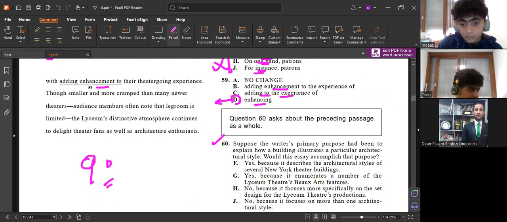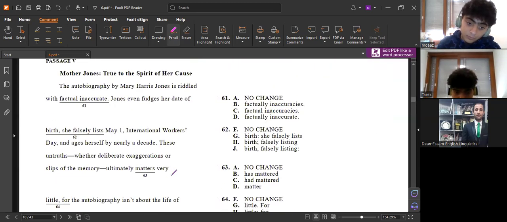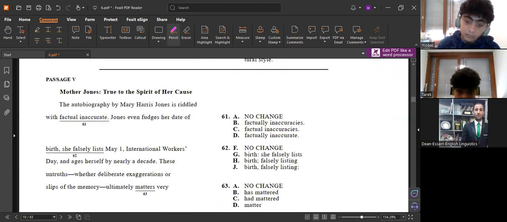Again, come on, Muaz, what's yours for 59? For 60, I put G. And G is correct. That's why. Now 61. For 61, I put C. And C is correct. 62.